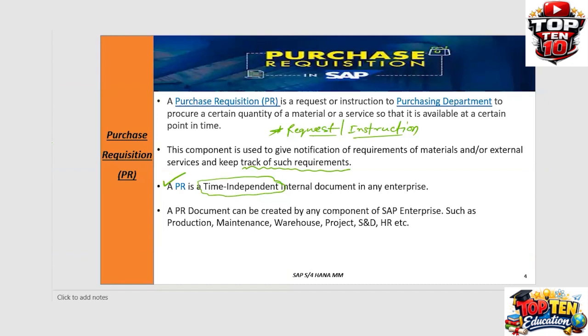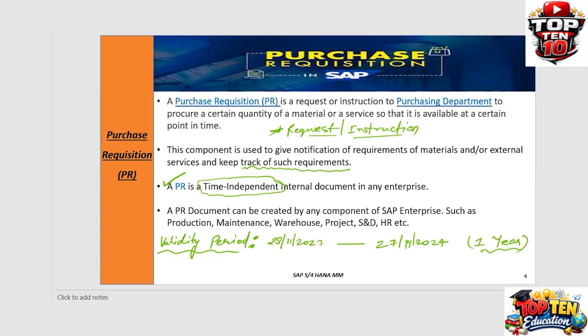Why time independent? When there is any validity period provided to a purchasing document, that document will be valid under that period only. For example, from today to 27/11/2024, so it is only 1 year of time.